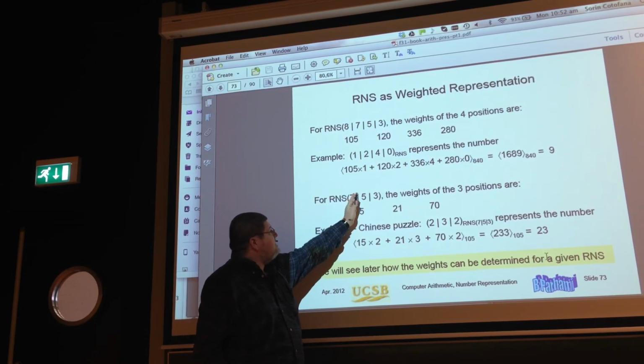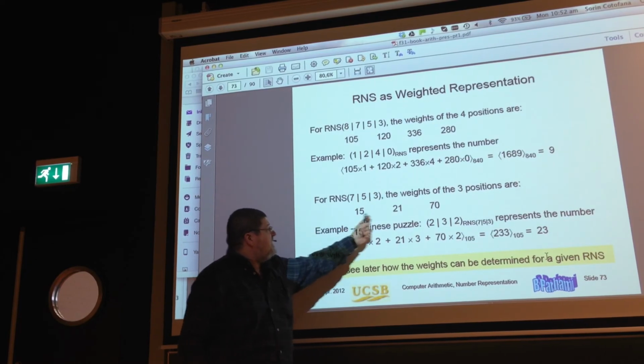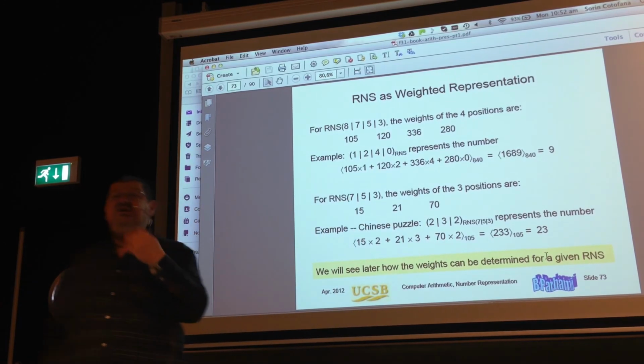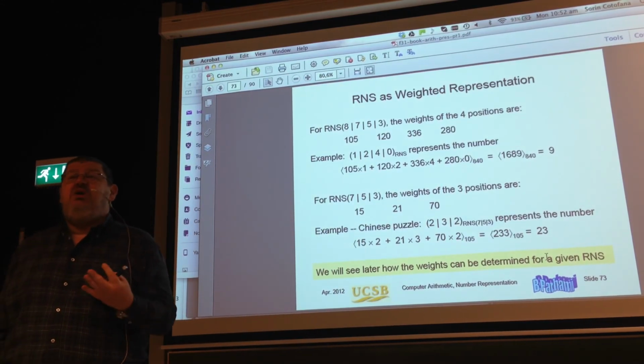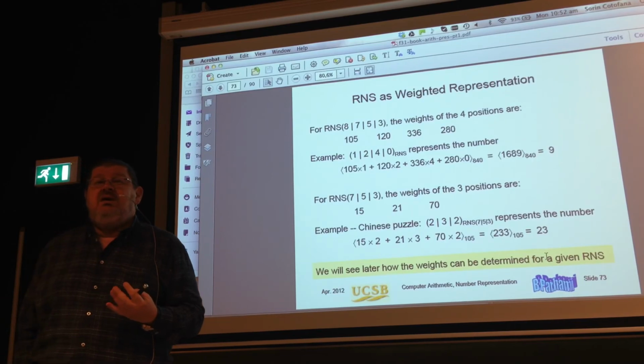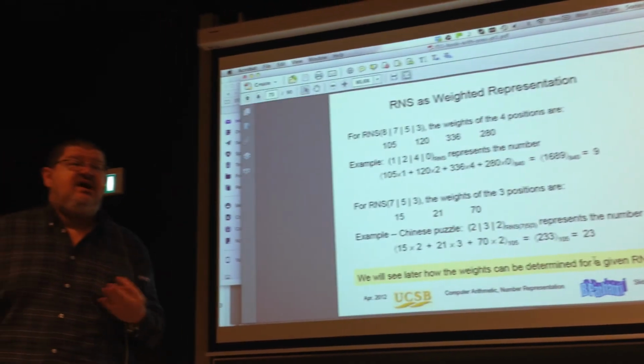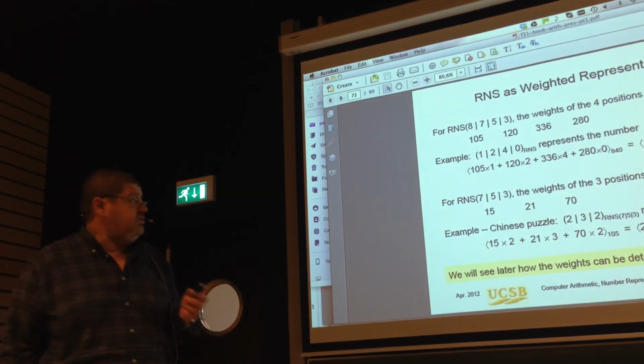Then in an RNS 7, 5, 3, those are the weights. As you see, the one which appears to be in the most significant position has the smaller weight, which is already suggesting that comparison is a kind of tricky thing to do.